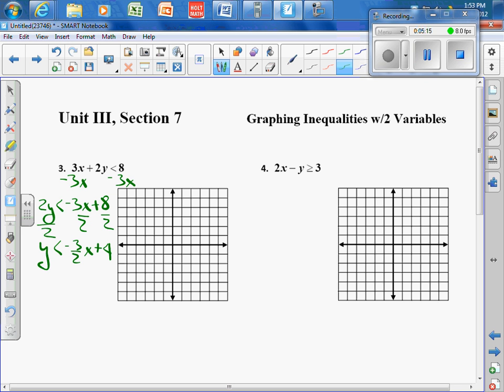I go to positive 4 on the y-axis, not the x-axis. Go on the y-axis. I'm going to go down 3 and right 2. Follow this pattern all the way down the page, and draw a solid line or a dotted line. Since it's just less than, it will be a dotted line. And I'm going to be shading everything below the line.